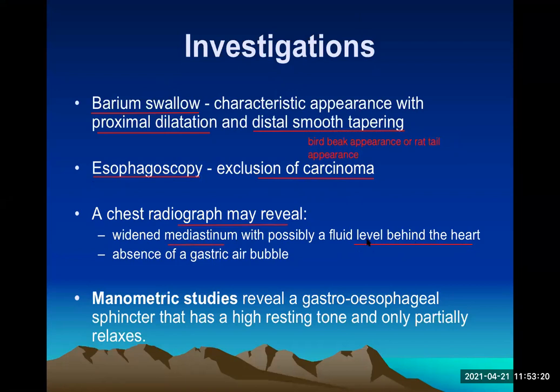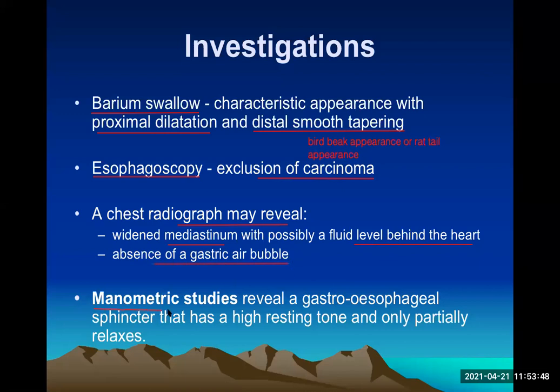So a fluid level can be seen if the patient was drinking a lot of fluid, and there is absence of the gastric air bubble because nothing is passing distally. Though a bit of food may pass, it is intermittent obstruction, but still the classical air bubble seen in the fundic part of the stomach is often absent here.